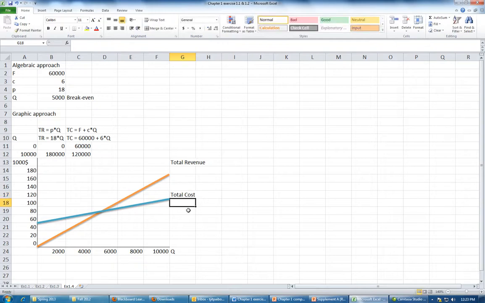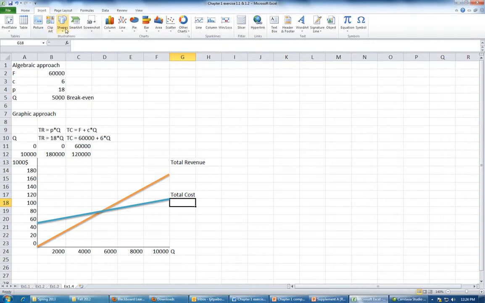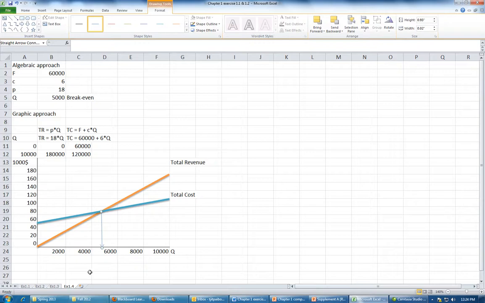Okay, as you can see, the break-even point is in the middle between the two. So the break-even point is over here, which is about 5,000 units.